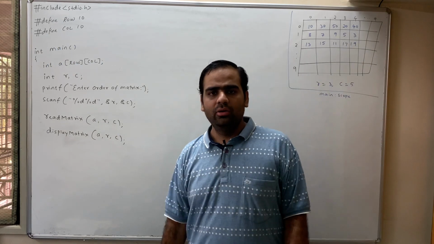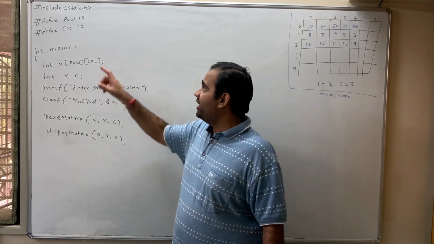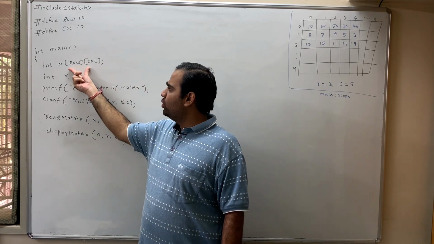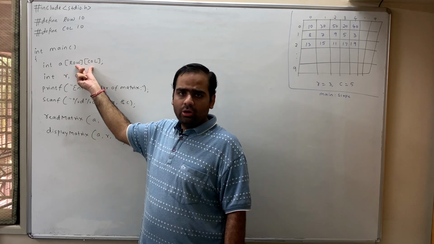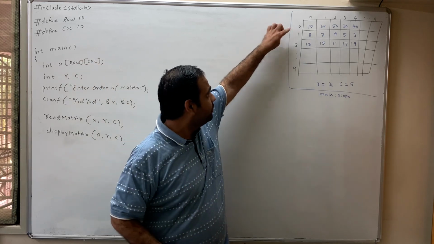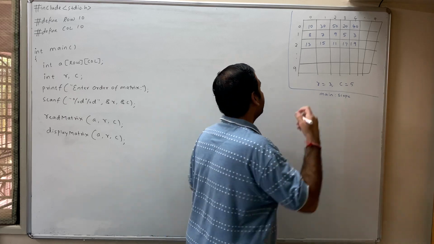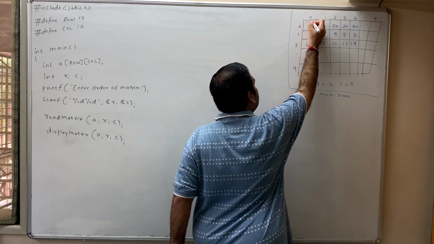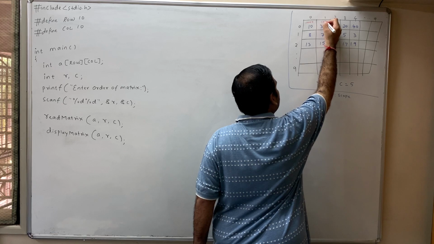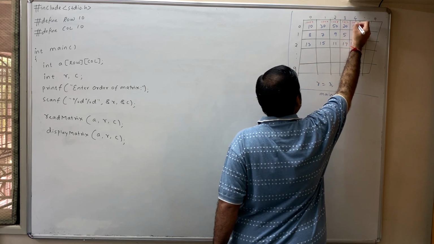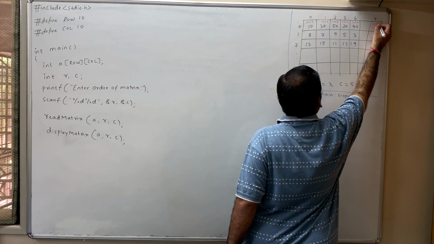Let us see how we write the code. We say hash define ROW 10 and COLUMN 10. We declare a two-dimensional array of row size and column size. It is 10 cross 10. This is how the matrix will look, of size 10 cross 10. Let the base address of this be 1000. This will be 1004, 1008, 1012, 1016 and so on up to 1036.